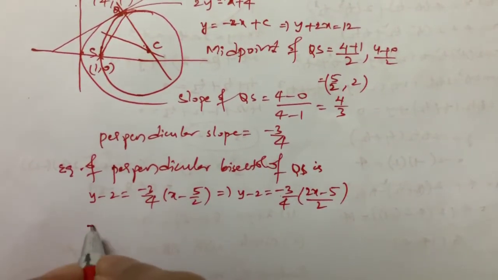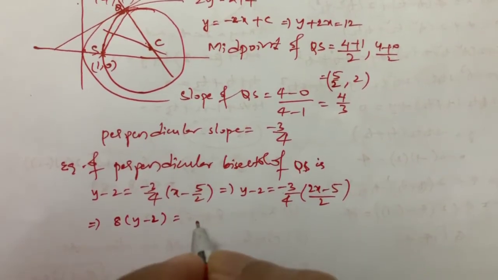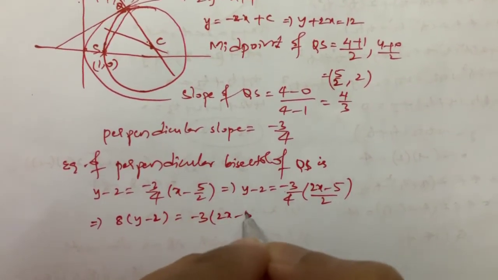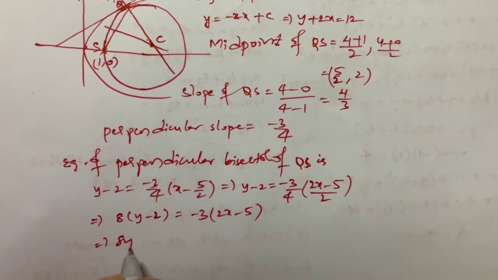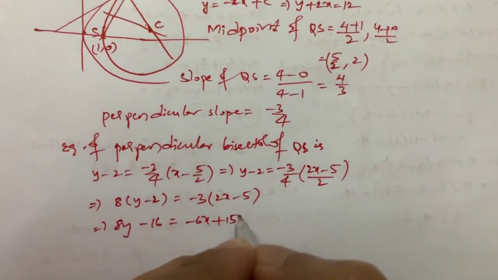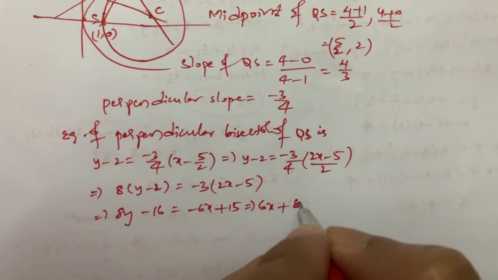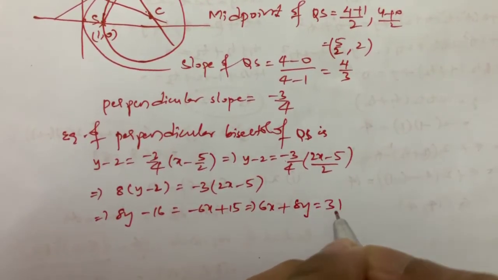So we can multiply by 8. So 8 into (y minus 2) is equal to minus 3 into (2x minus 5). So this is 8y minus 16 is equal to minus 6x plus 15. If I simplify this, 6x plus 8y is equal to 31.